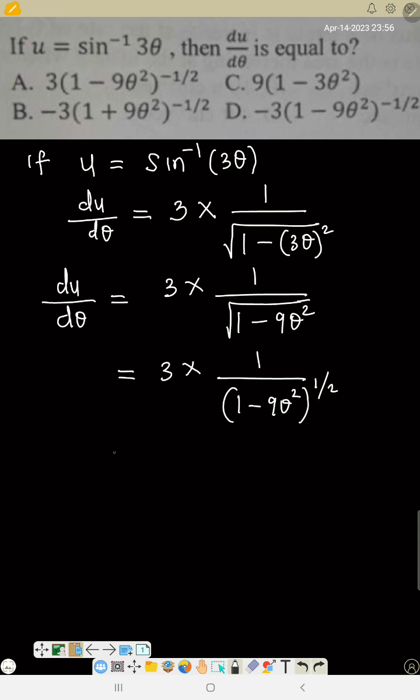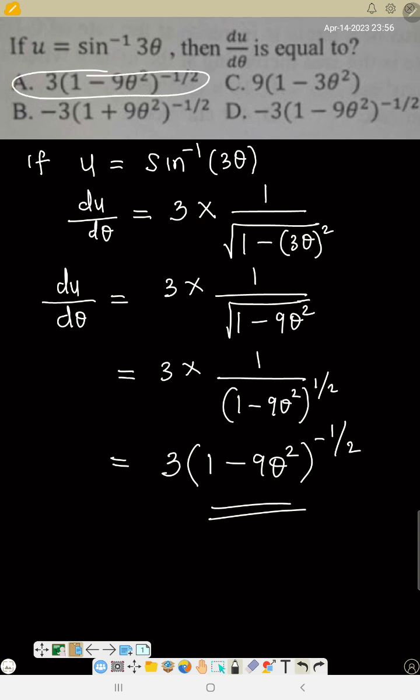So if you remove that 1 over, this is the same thing as 3 times 1 minus 9 theta square, everything raised to power minus half. So we take it up, so it will be minus half. So the correct answer is A, 3 brackets 1 minus 9 theta square raised to power minus half.